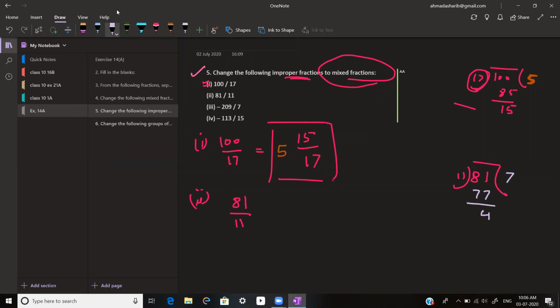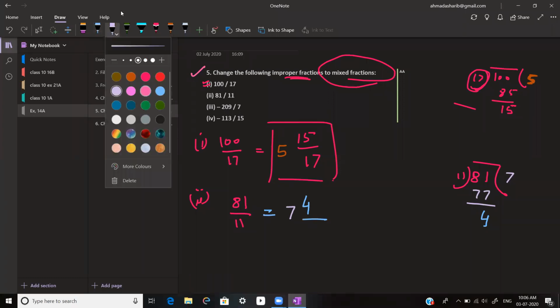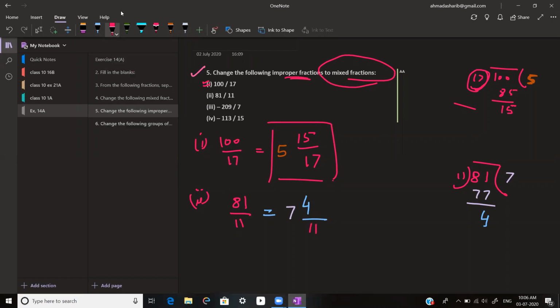You'll get 4 here, 4 as a remainder. Fine. So how are you going to write it? You have to write the quotient first. Quotient is 7. And what is the remainder? The remainder should be written in the numerator upon 11.